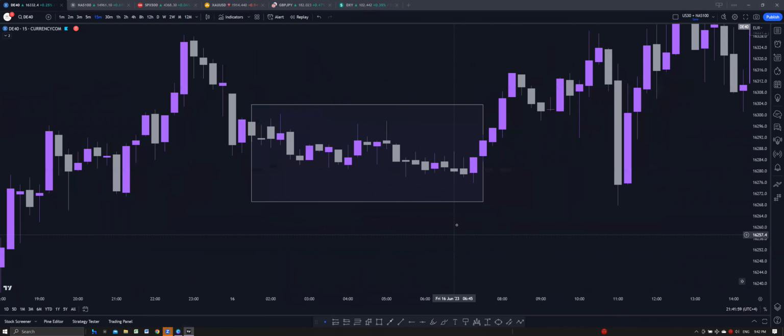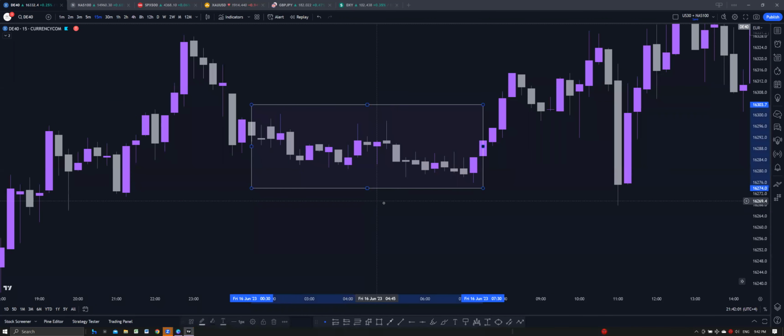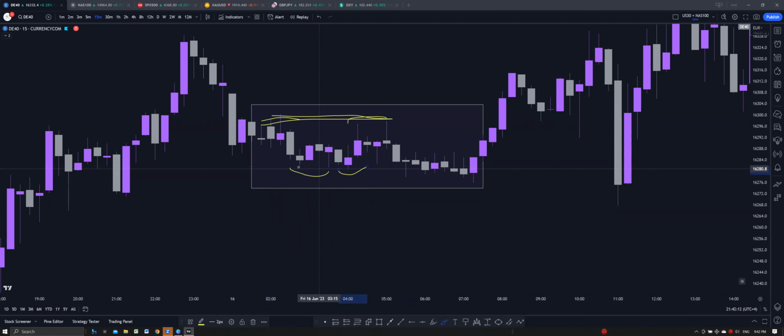Why is this consolidation? You see how price creates a high and a low. The high is pretty much the same as the previous high. The low is again the same as the previous low, right? So it's not creating new higher highs, no new lower highs, nothing. It's just moving sideways.